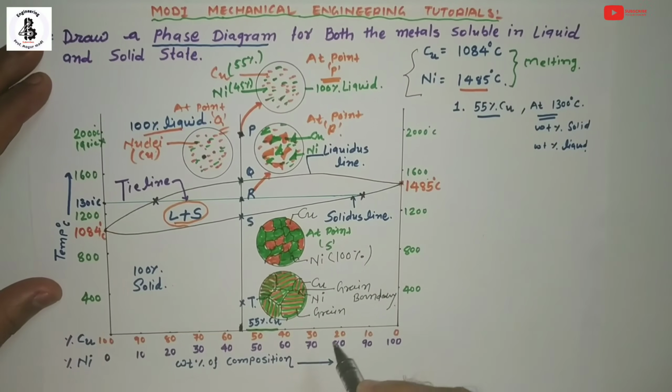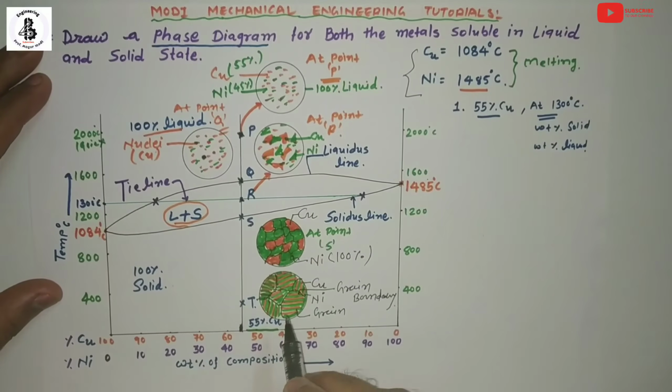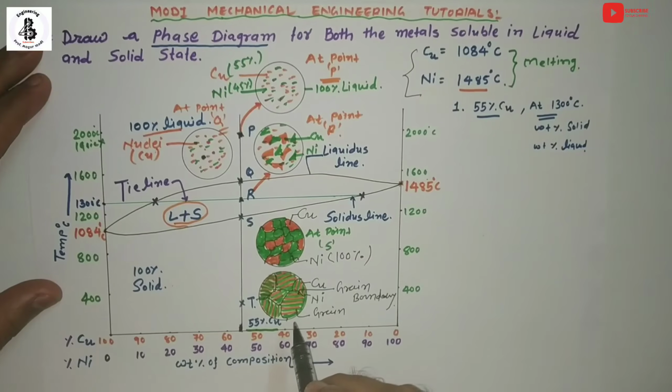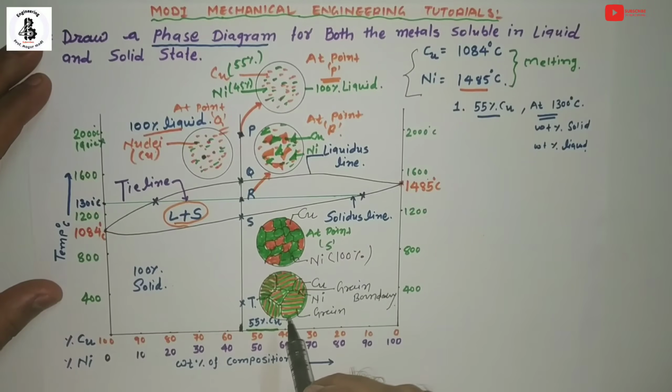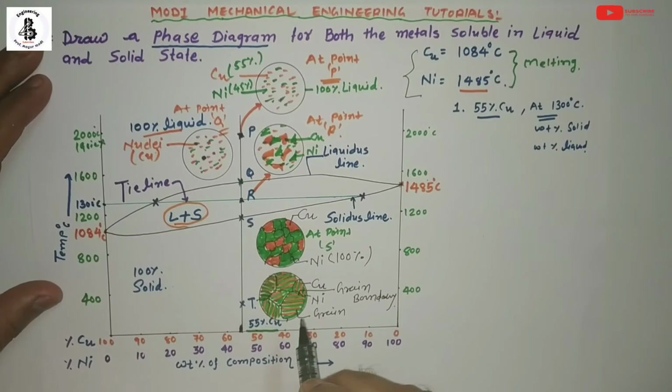That is the microstructural view of copper and nickel at room temperature, which forms a single phase solid, because these metals have 100% solubility in the solid state.